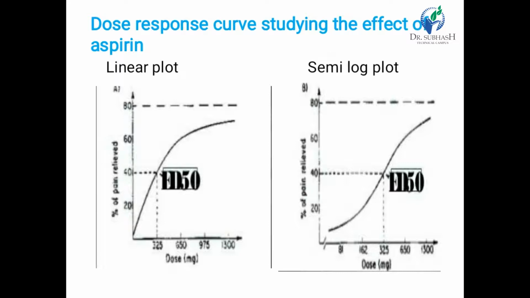But in the second plot we have dose on semi-log graph paper, which means the dose will be log dose. So you can see the difference of ED50 and slope. In semi-log graph paper you can easily count ED50.